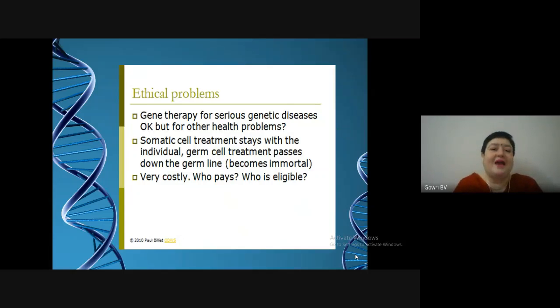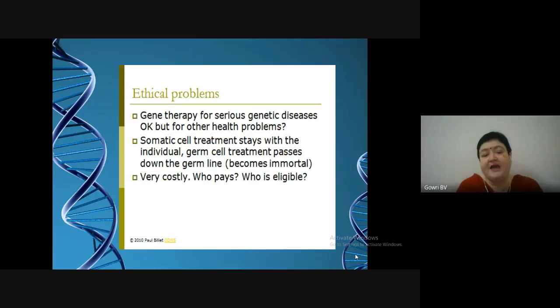What are the ethical problems that gene therapy raises? Gene therapy for serious genetic disorders, okay, but for other health problems we cannot use gene therapy methods. Somatic cell treatment stays with the individual. Germline cell treatment passes down the germline, so it is immortal.